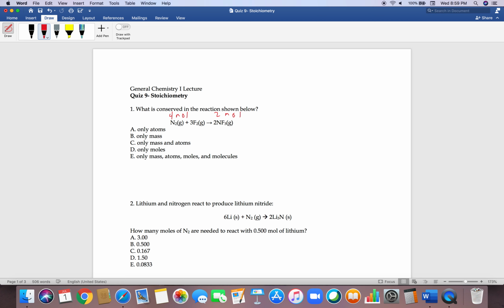So when we talk about the law of mass conservation, which was something in your lecture material for this week, that does not cover moles. That covers mass. Moles are not necessarily mass. So in this reaction, moles are not conserved. Mass, however, will always be conserved. So we can eliminate answer A, but it could be answer B, C, or D.